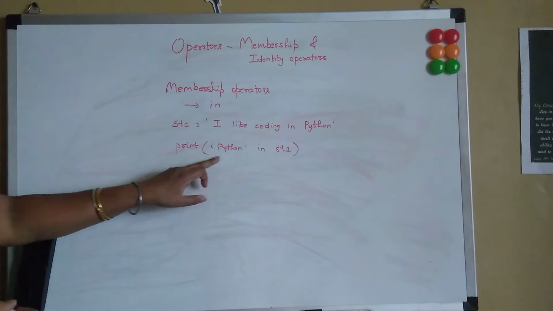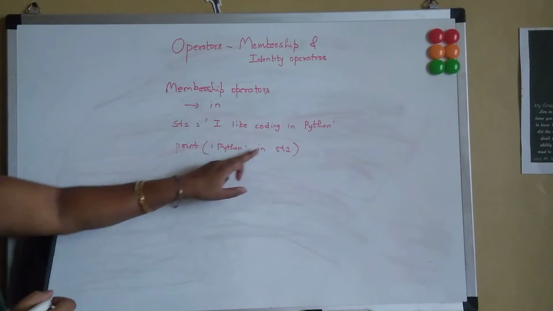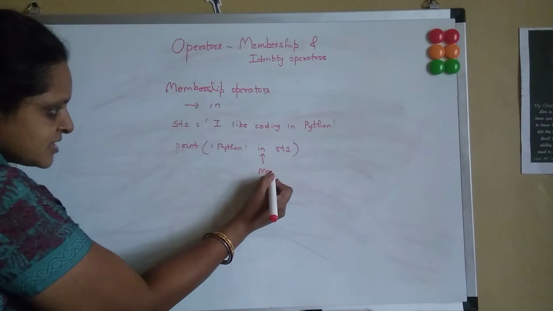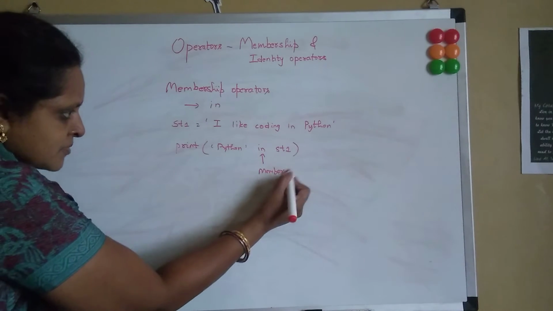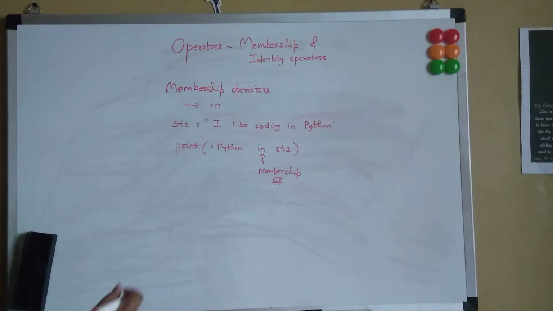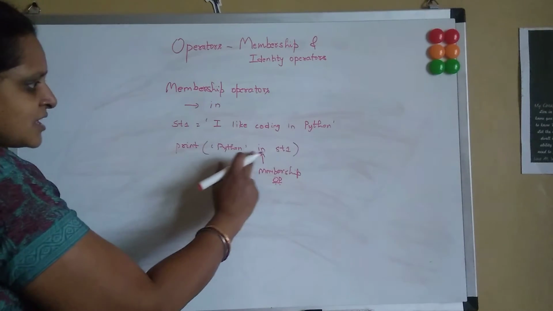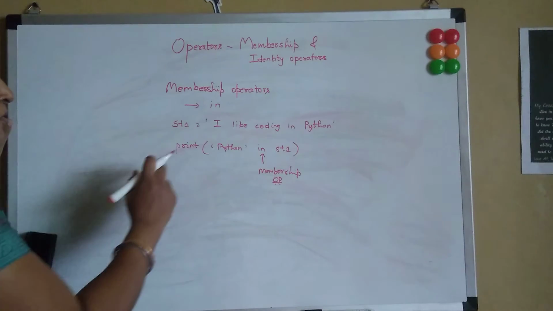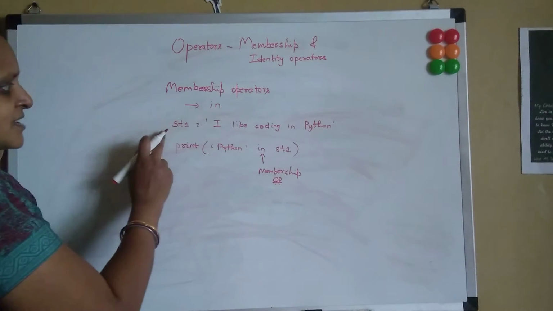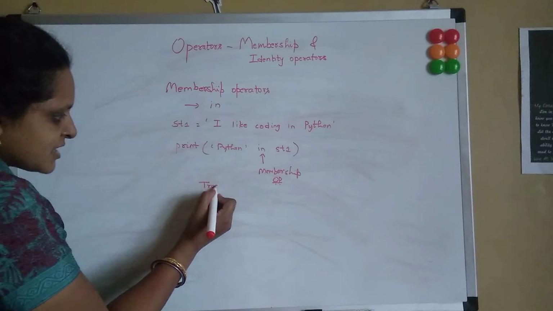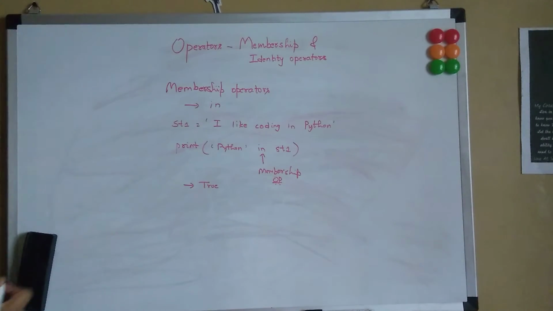Here I am checking if the word Python is present in st1. In is the membership operator. Since Python is present in st1, the print statement returns a Boolean value equal to true.